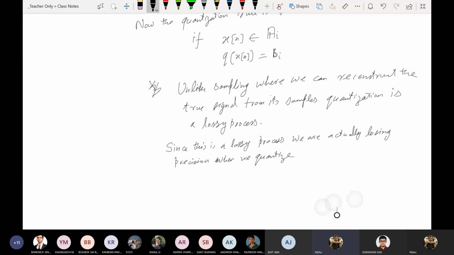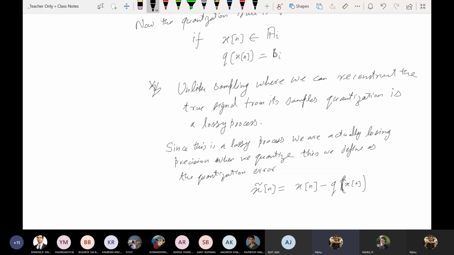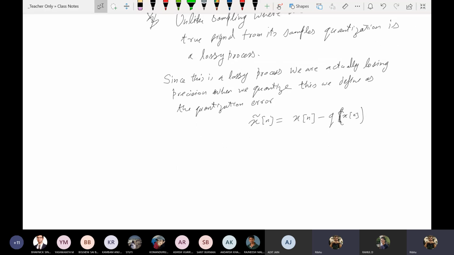And this we define as the quantization error: x tilde of n equals xn minus q of xn. This is right. Any problems? I don't think you have any problems with this definition. Yes, sir. Excellent. So error, you have done this in class 11th in physics, the first chapter.